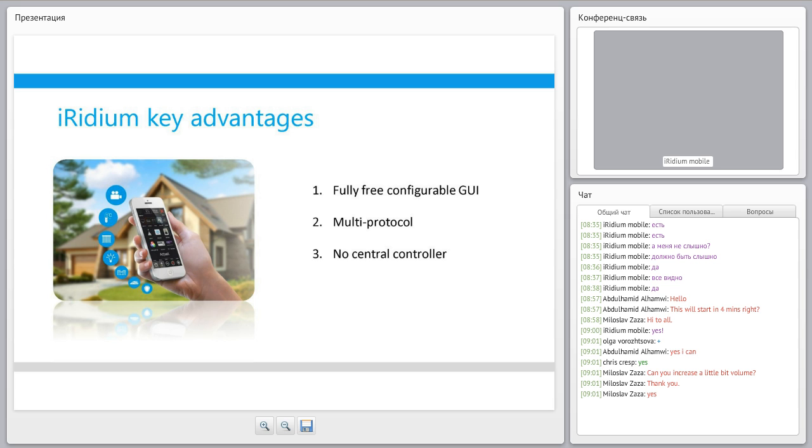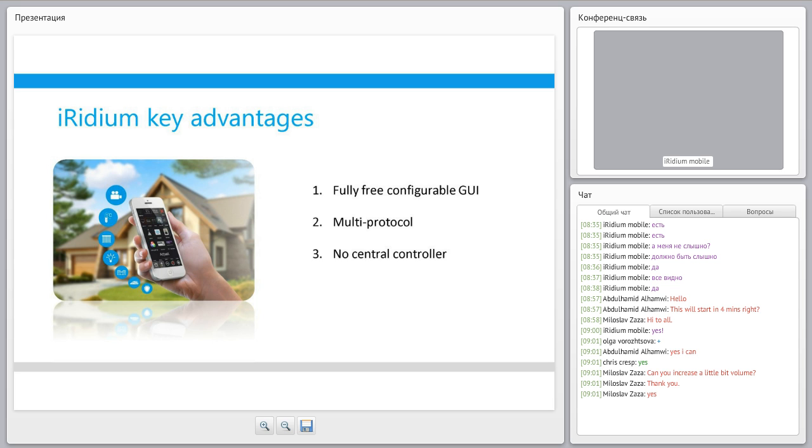So the third advantage is that most systems which provide functionality which is close to iRidium need a central controller. So many freely configurable user interface systems like Crestron, AMX and others, they need a central controller.